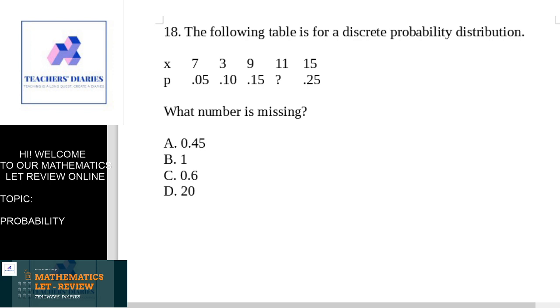And for the p in the second row, 0.05, 0.10, 0.15, blank, 0.25. Question: what number is missing? A. 0.45, B. 1, C. 0.6, and D. 20.